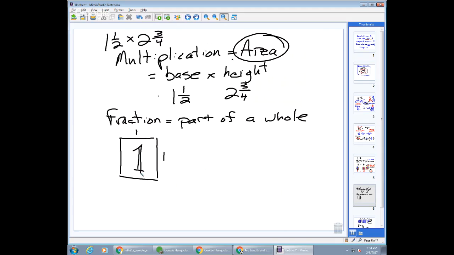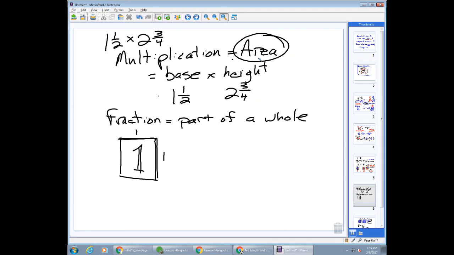One times 1 is 1, right? So a whole area is a square that is 1 by 1. That's one whole, right? Because I have the area model. The only way to get one whole is 1 times 1. Well, there's other ways to get it, but that's the easiest way.